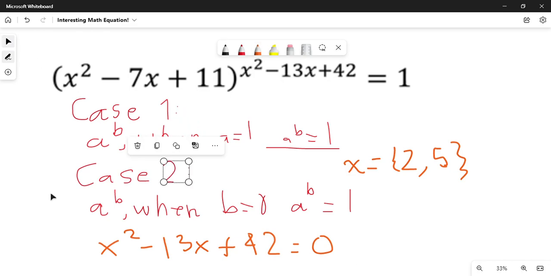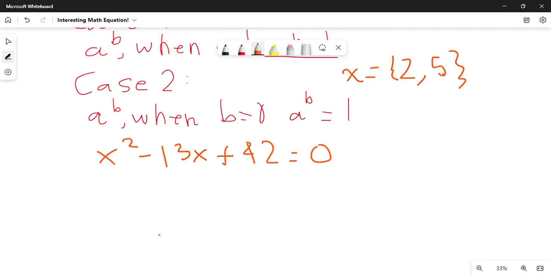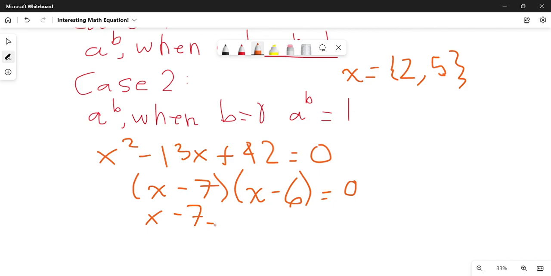We can factor this as x minus 7 times x minus 6 is equal to 0. And then if we use the zero product property, we get that x minus 7 is equal to 0 and x minus 6 is equal to 0.